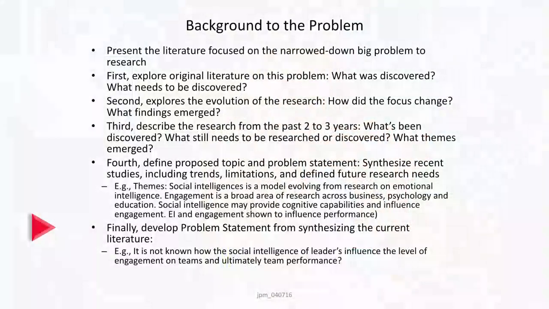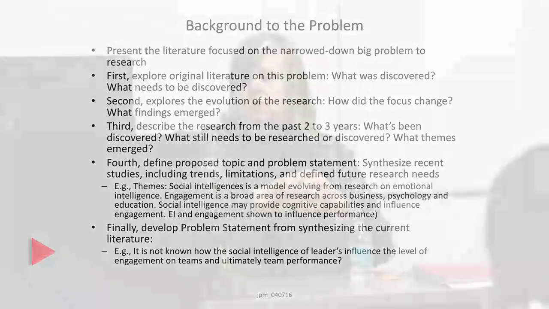So you start saying, well, this about social intelligence, this about engagement, and you start putting those together by synthesizing what the literature is saying still needs to be done, and you end up with a problem statement such as, it is not known how social intelligence of leaders influence the level of engagement on teams and ultimately the level of performance of that team.